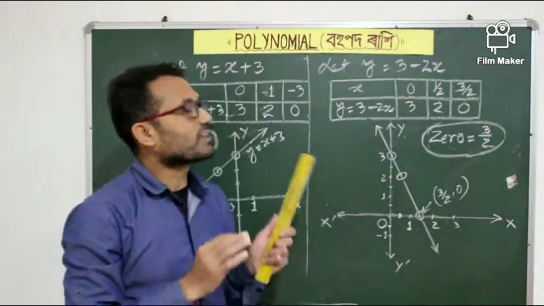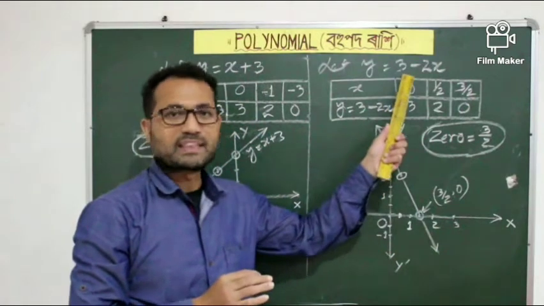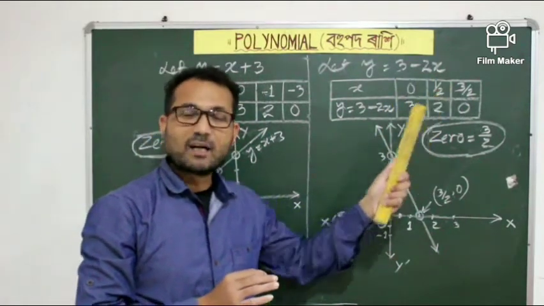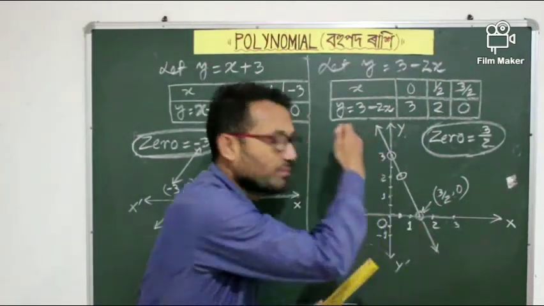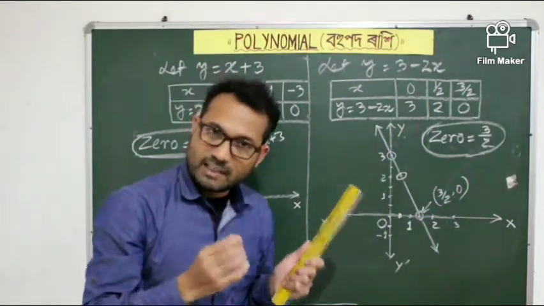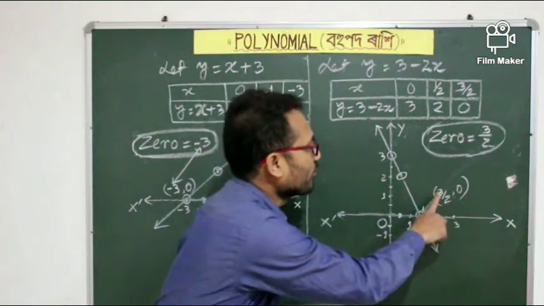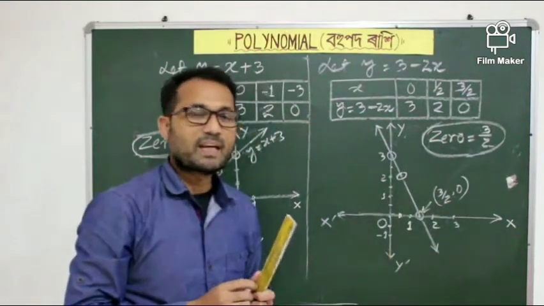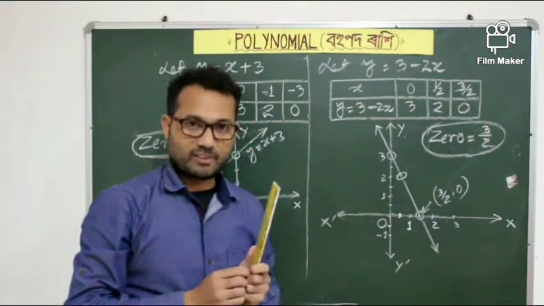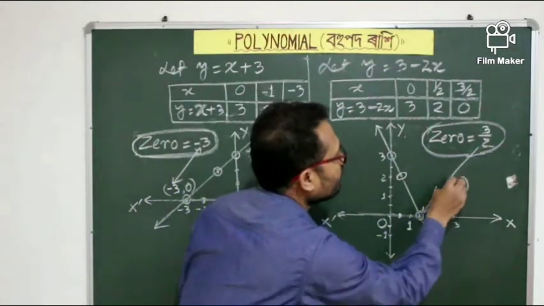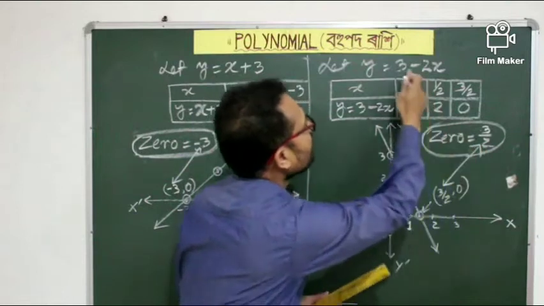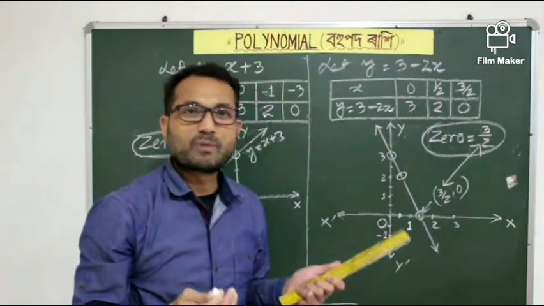So when we draw the graph of the second polynomial, that is 3 minus 2x, what have we seen? We have seen that the graph of that polynomial cuts the x-axis at the point (3/2, 0). And in this case the zero is also 3/2. The zero of the polynomial 3 minus 2x is 3/2.